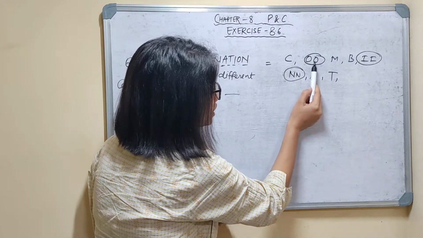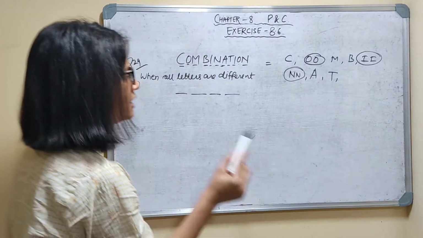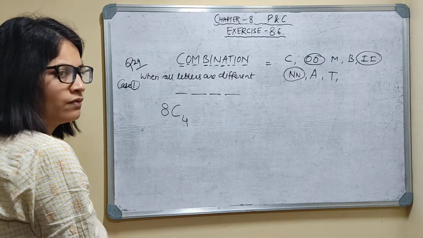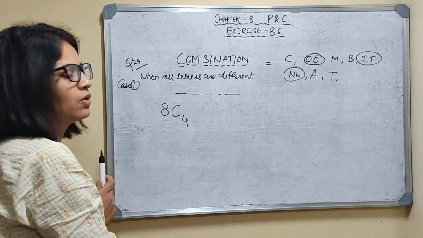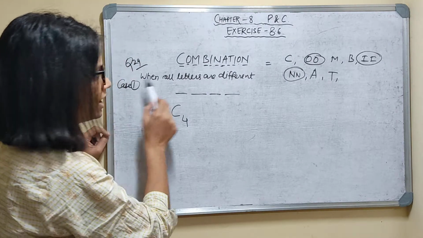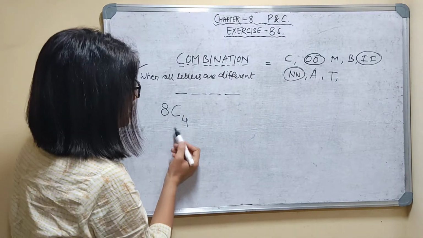So 1, 2, 3, 4, 5, 6, 7, 8. How many ways can you take? 8C4. From these 8 you can take any 4 letters. All letters are different, you can't repeat the letters. So 8C4.